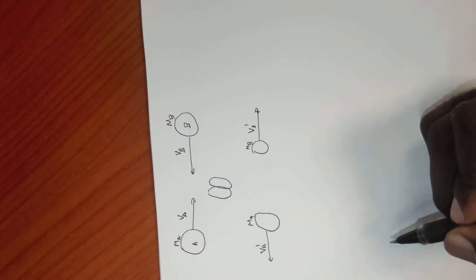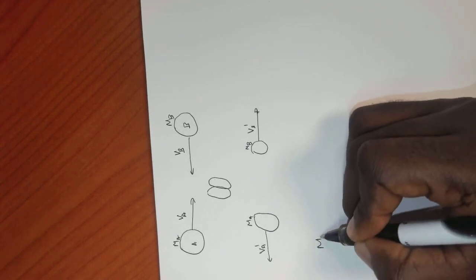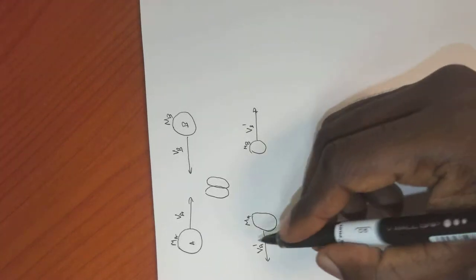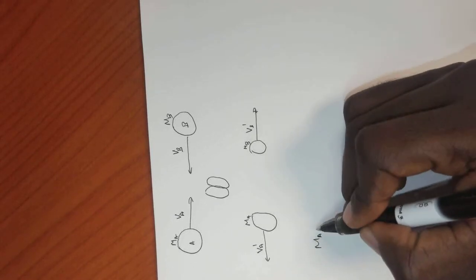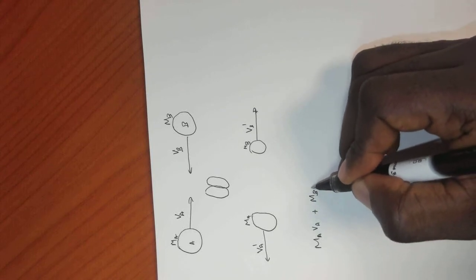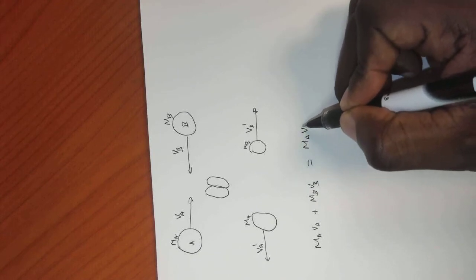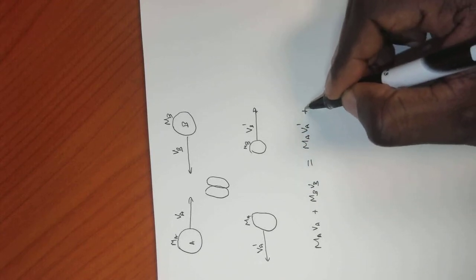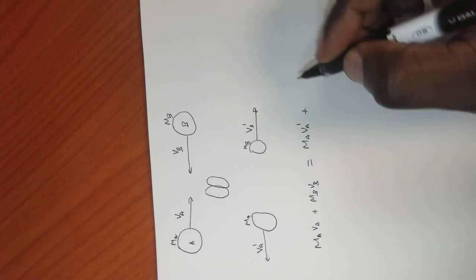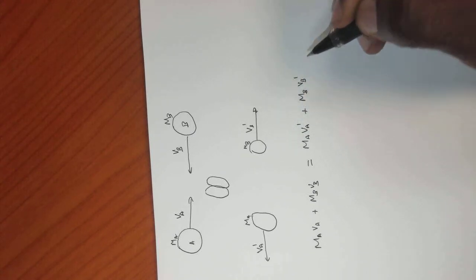So what's happening here? You have your momentum conservation, which is MA VA plus MB VB, which equals MA VA prime plus MB VB prime.